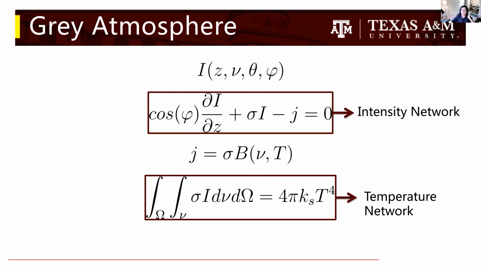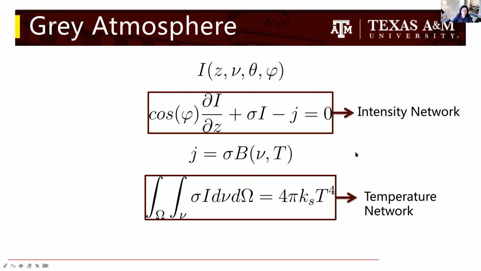Because we need to make sure the energy is conserved, the total amount of absorbed energy should be equal to the emitted energy. And the Ks here is the Stefan-Boltzmann constant, and this is the law of black body radiation.